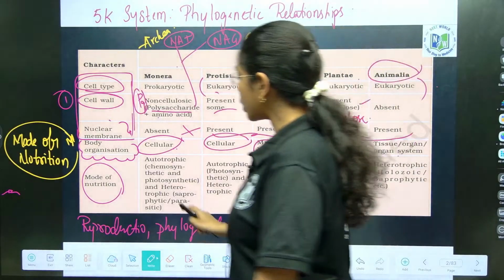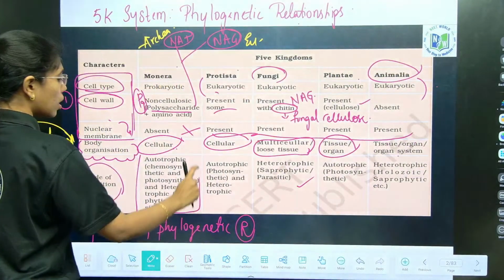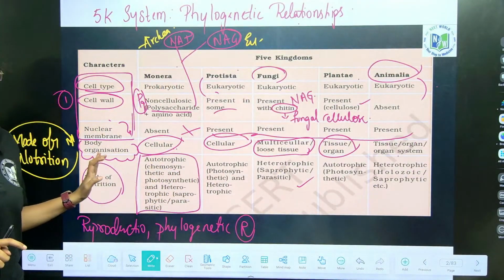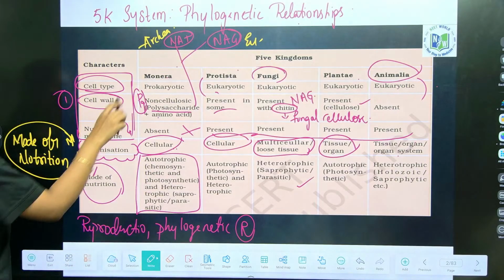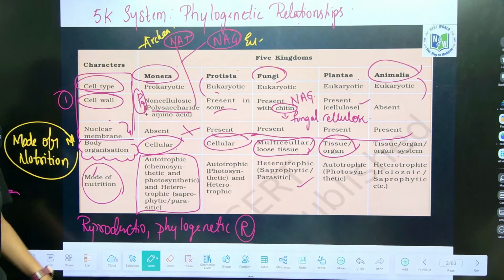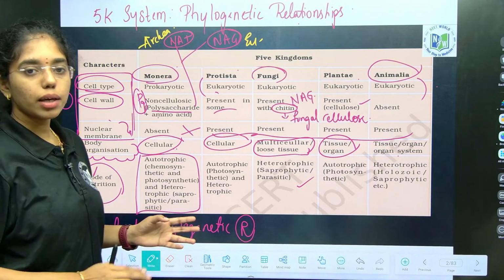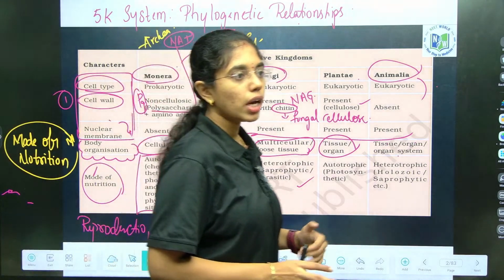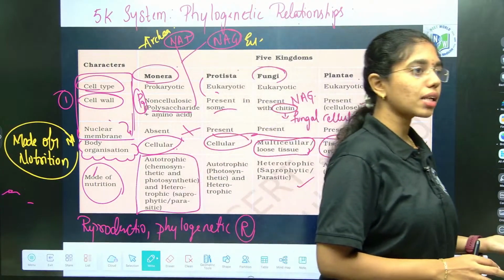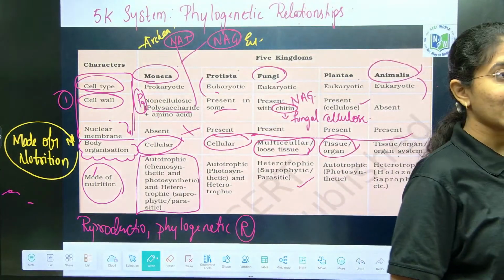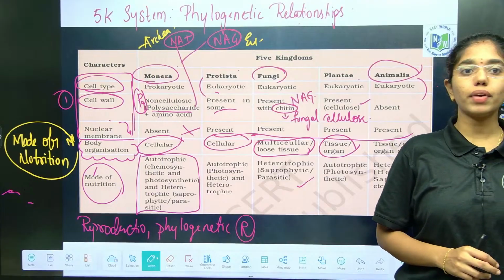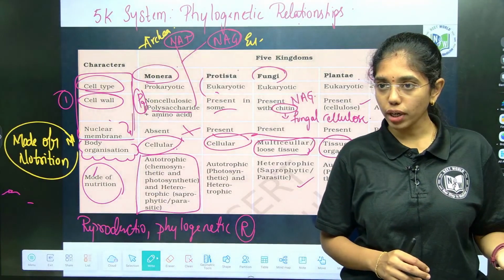Mode of nutrition diversity: the highest diversity in mode of nutrition is observed in Monera, because you have phototrophs, chemotrophs, heterotrophs. Phototrophs are again classified based on the sunlight presence or not, based on whether they have the requirement of organic compounds or not.